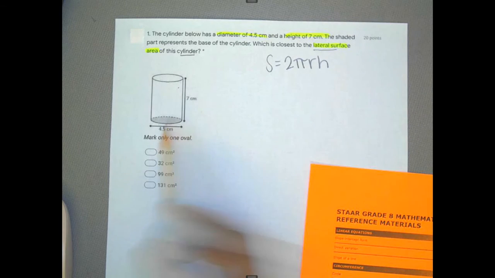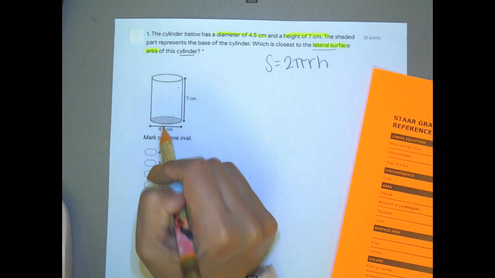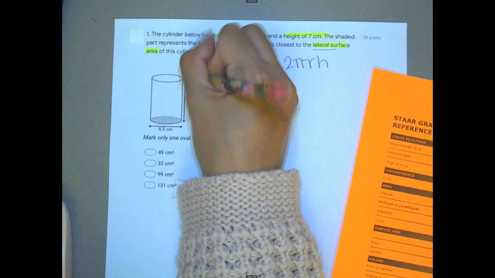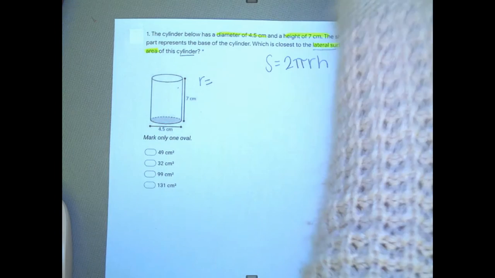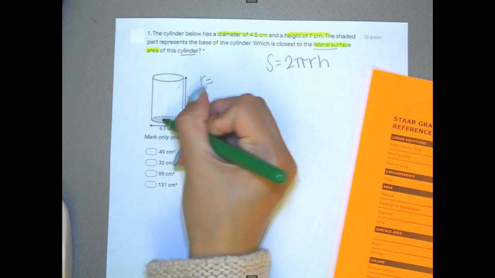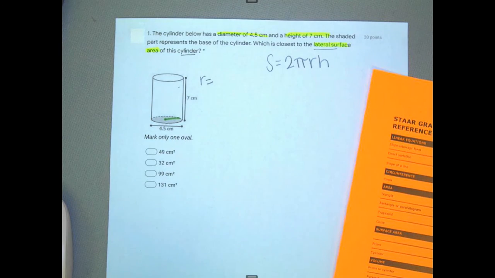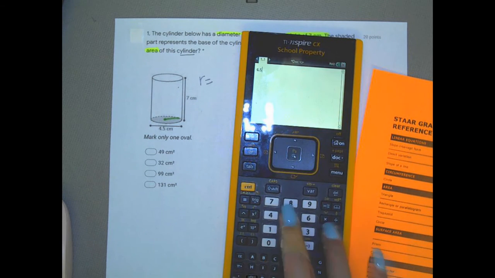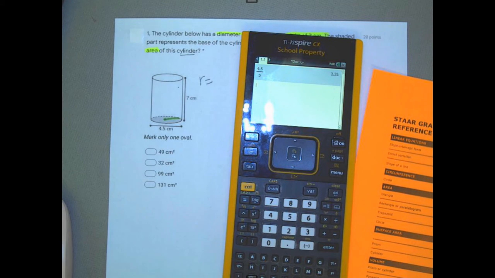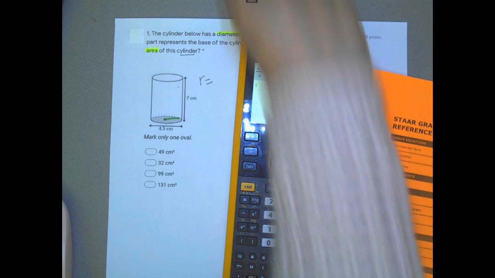And my picture and my problem give me my diameter. I need the radius. And remember that your radius is half of your diameter. So instead of 4.5, I need half of that. So I can divide it by 2, and that will give me 2.25 for my radius.